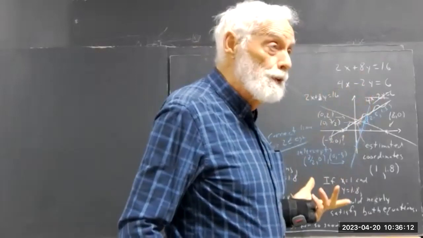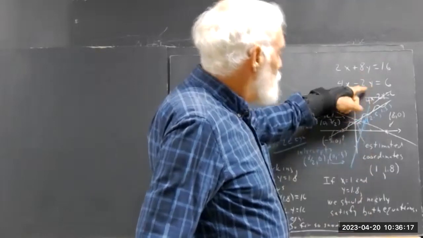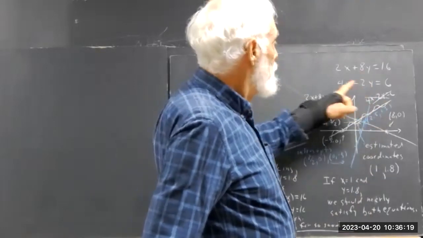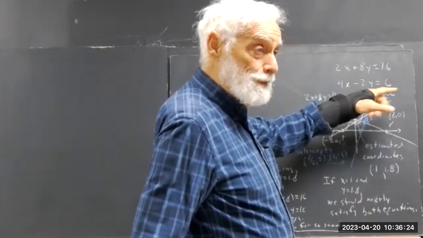Now let's see if the second one pans out. 2.5 times 4 is 10. 2 times 1.5 is 3. 10 minus 3 is 7. So I get 7 on this side, 6 on this side. That's pretty close.